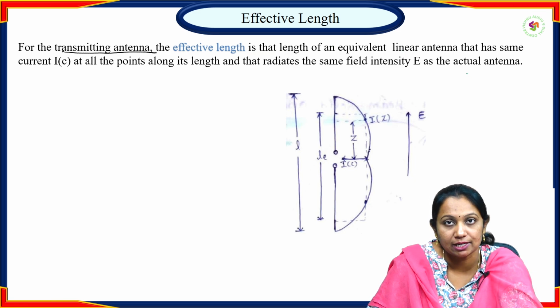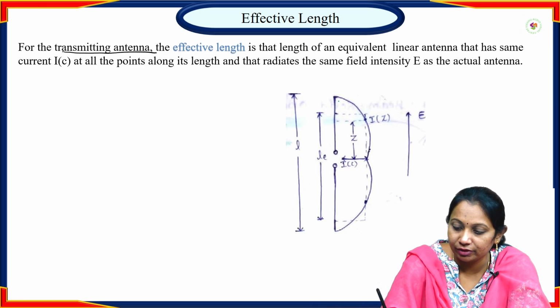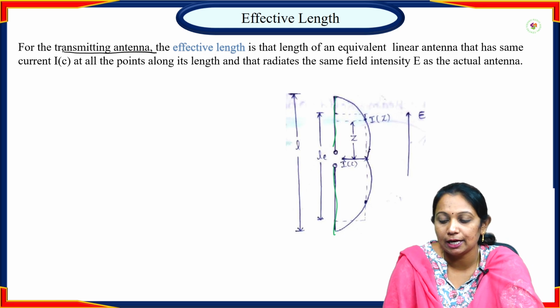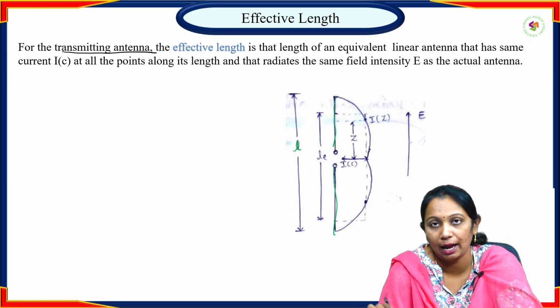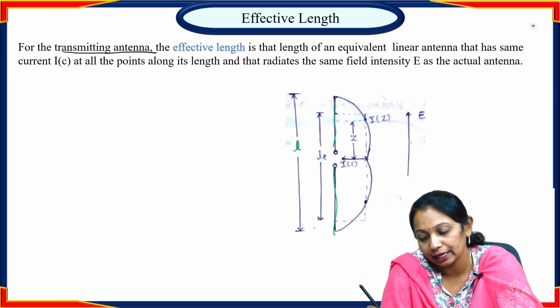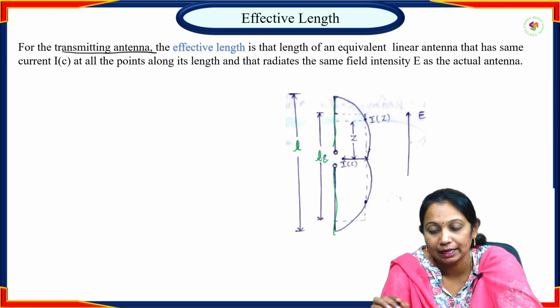To represent that, I have taken the example of a dipole. For this dipole, the actual length will be L, and from the entire L, the effective length will be LE.